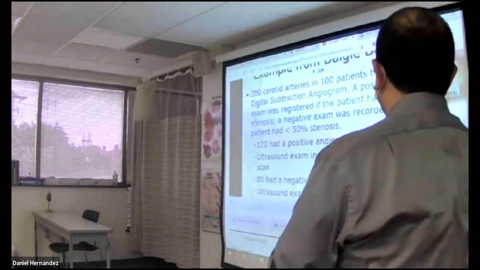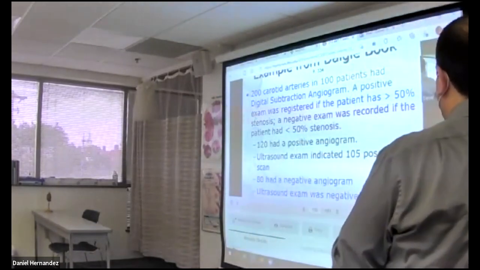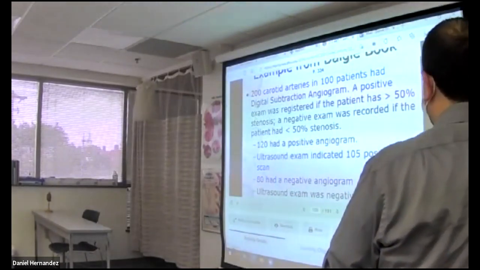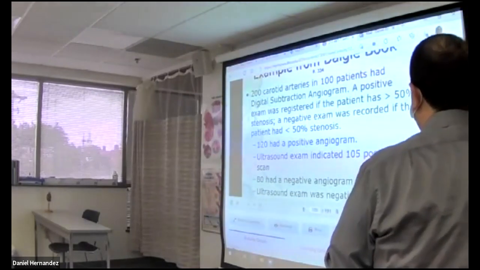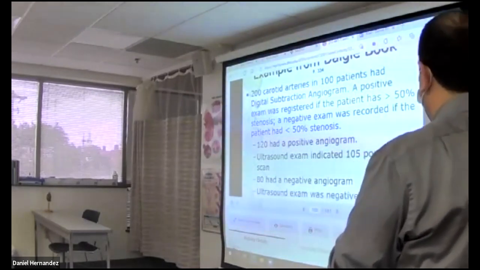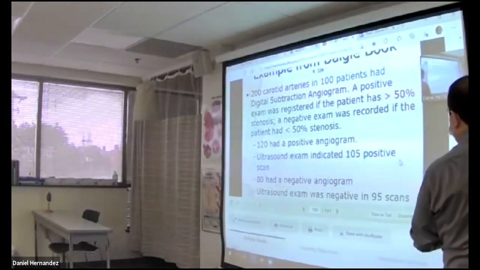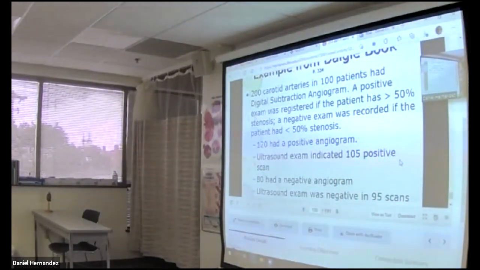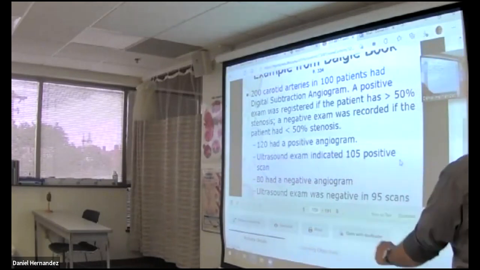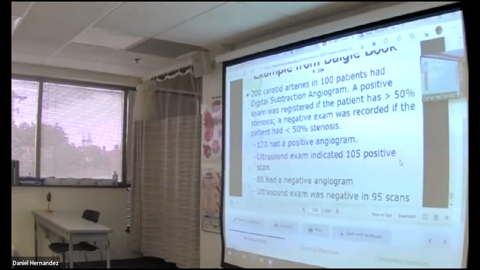So 120 had a positive angiogram. Our ultrasound exam indicated 105 had a positive scan. So that would be a true positive, 105. Then patients who had the test result positive but were false positive, you just subtract the 105 from 120.